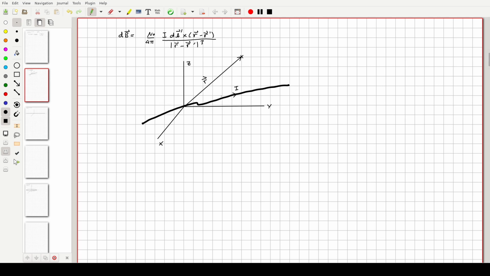So we're going to look at a small little bit of current, which I'll call dI. And dI has the value of I times dl. The units aren't exactly right, but this is what we're going to run with.